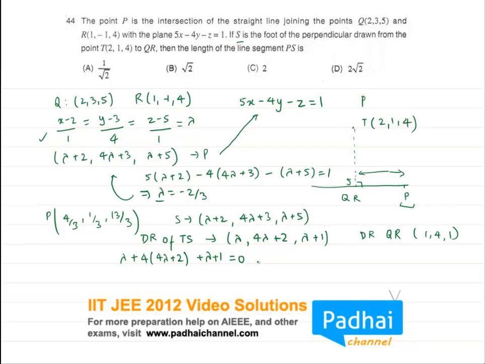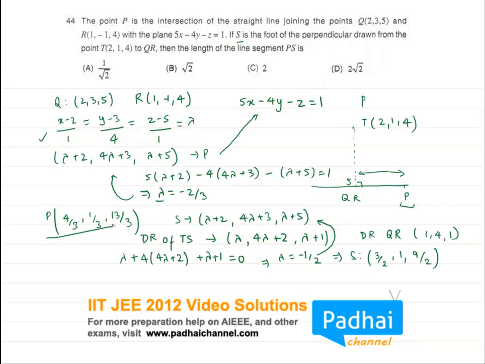If you calculate this, lambda comes out to be -1/2. Putting this value of lambda, the position of S comes out to be (3/2, 1, 9/2).